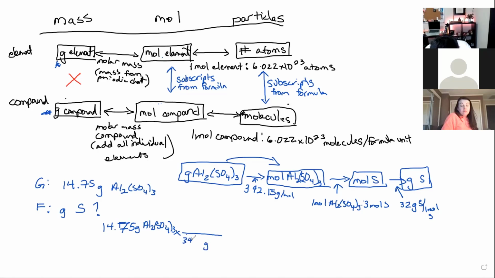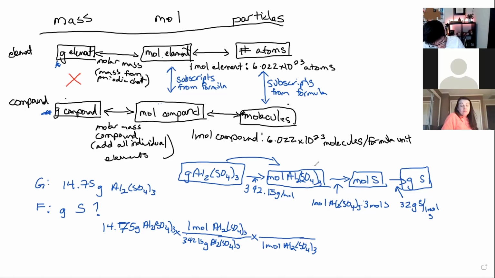So the 342.15 actually has to go on the bottom here, or we're going to divide by the molar mass. And this is grams of Al2(SO4)3. That mass is equivalent to 1 mole of the Al2(SO4)3. Okay. That got me into the first conversion. The second conversion, we're trying to get out of the moles of the compound. So I'm going to put that on the bottom, 1 mole of the Al2(SO4)3.